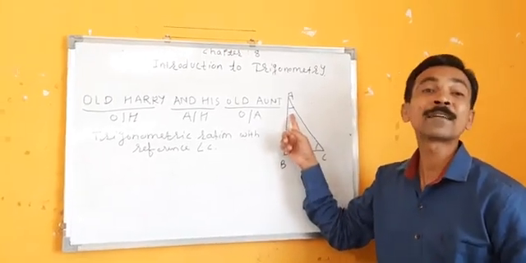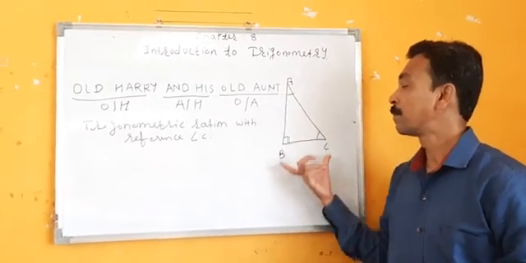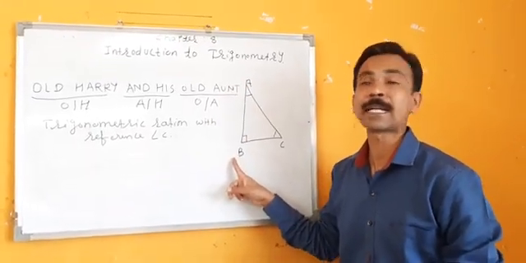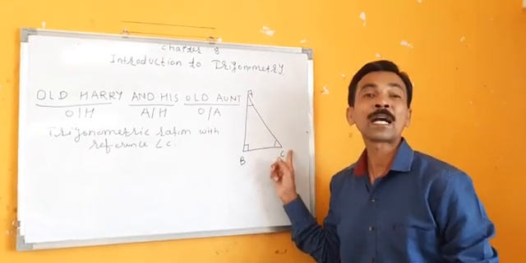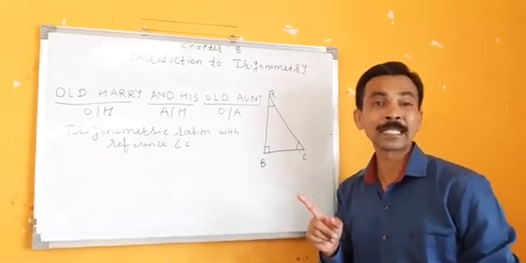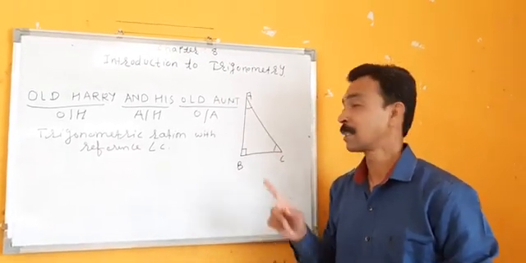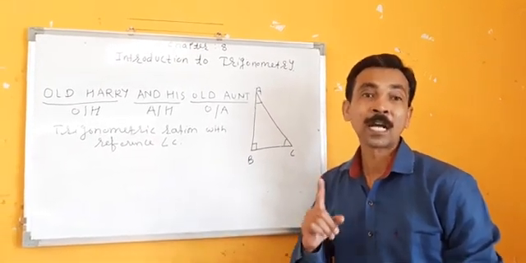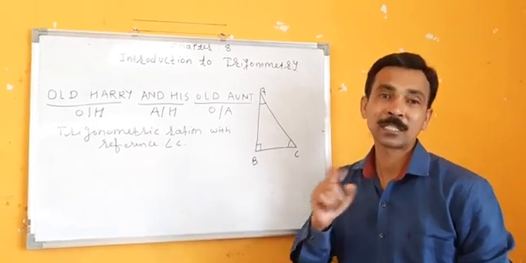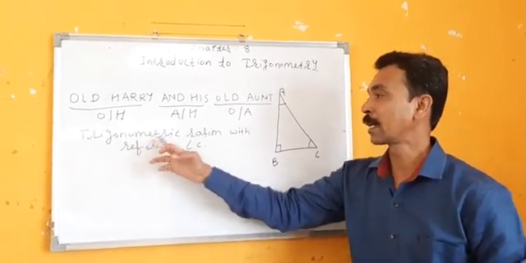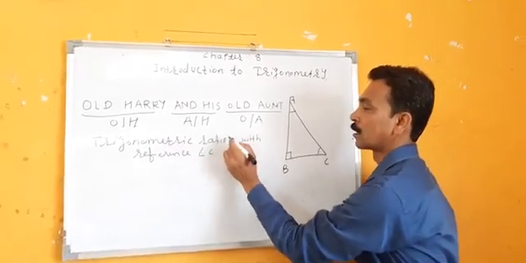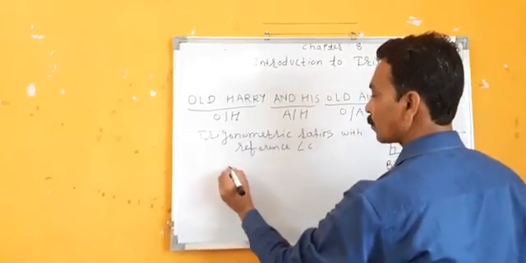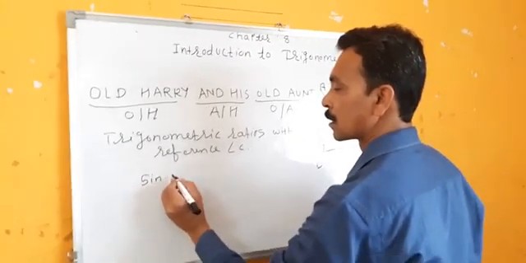If angle A is the reference angle, BC will be its opposite side, AB will be its adjacent side, AC will be hypotenuse. But in both cases, even if reference angles are changed, hypotenuse will not change. That you have to keep in mind. Now I will write trigonometric ratios with reference angle C. First is sine C.